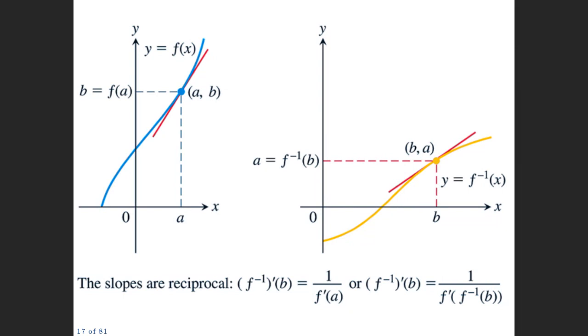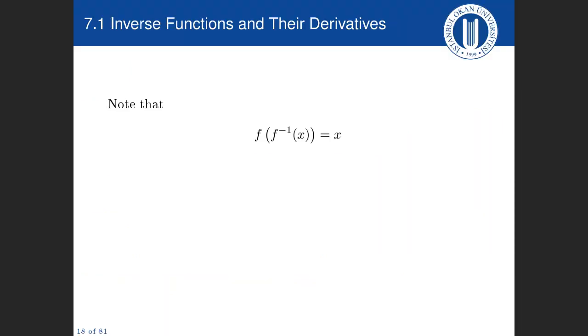We want a formula which relates the slope of y is equal to f of x and compares it or relates it to the graph of y is equal to f inverse of x. And we're going to create that formula like this. Remember, f composed of f inverse of x is always equal to x. F of f inverse of x is always equal to x.